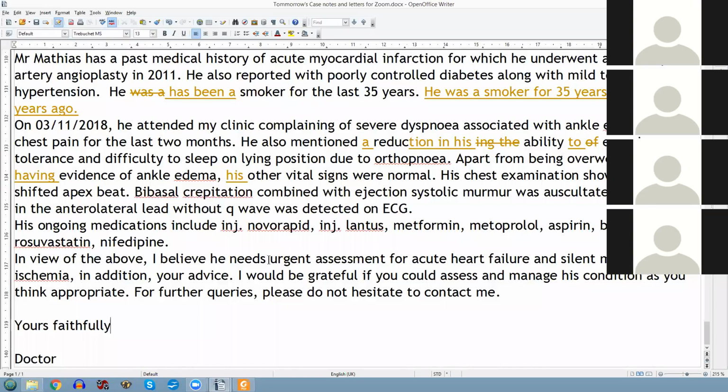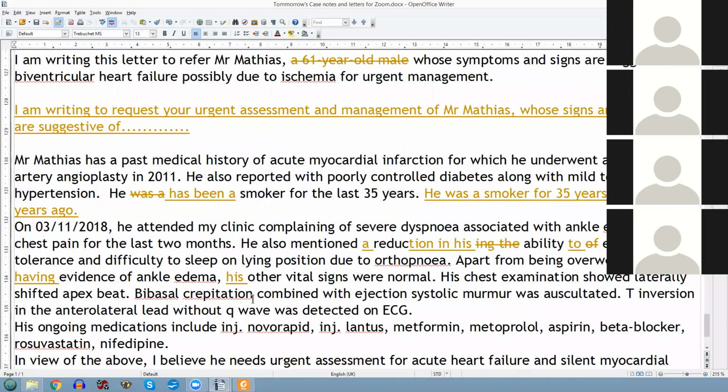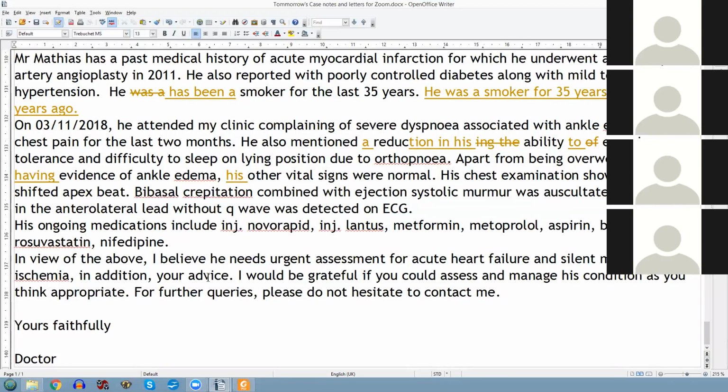"I would be grateful if you could assess and manage his condition as you think appropriate." Well, you've kind of said that in the previous sentence, so you don't need to say it twice. So not too bad, a bit of grammar, maybe just work on a couple of sentences.